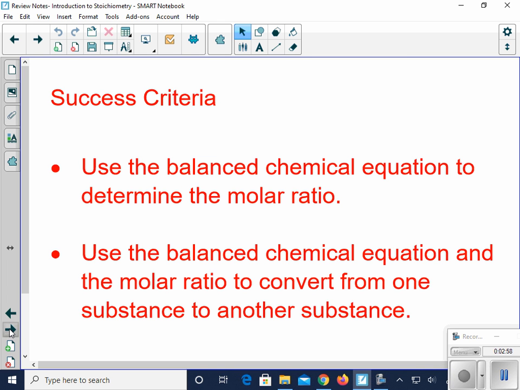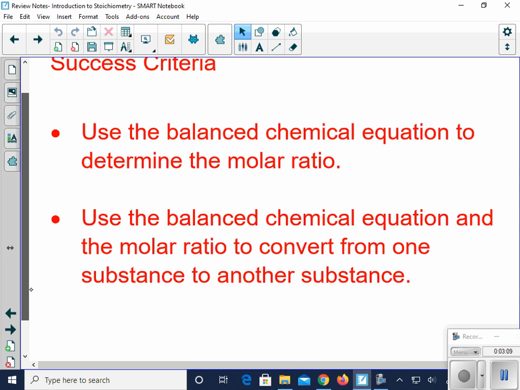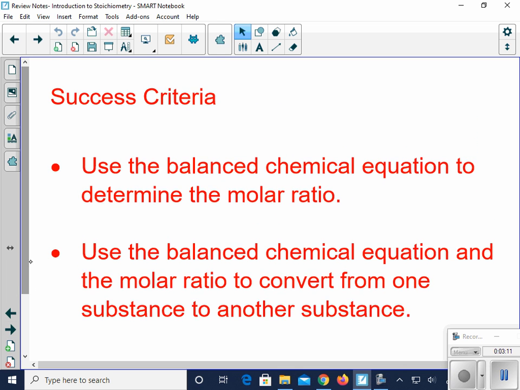We're going to use the balanced chemical equation and the molar ratio to convert from one substance to another. It could be from a product to a reactant. It could be a reactant to a product. It could be a reactant to a reactant. So we are going to use those values to make some conversions.